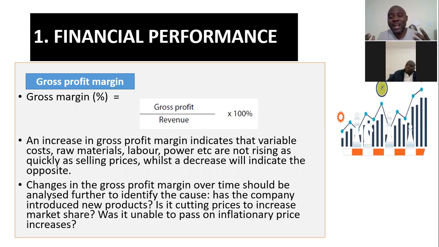Gross profit margin, why in the financial world we eulogize it for some reason, is because it looks at the cost of sales. Your principal costs, these are costs that you cannot avoid. These are costs that are connected to your sales. So we cannot ignore them.